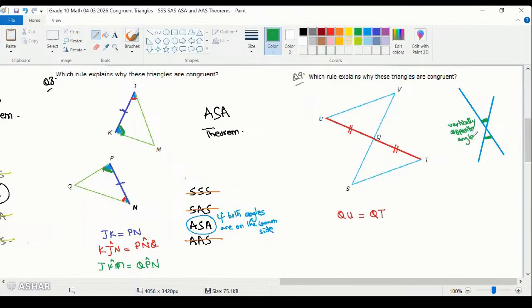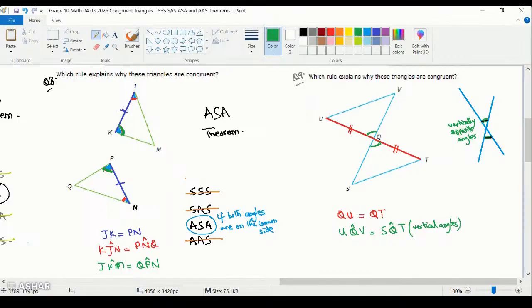So we have more information given to us, because they are vertically opposite angles. So we can say over here that the angle UQV should be equals to SQT. We can say vertical angles or vertically opposite angles. Agreed? Do we have any other information that is equal?